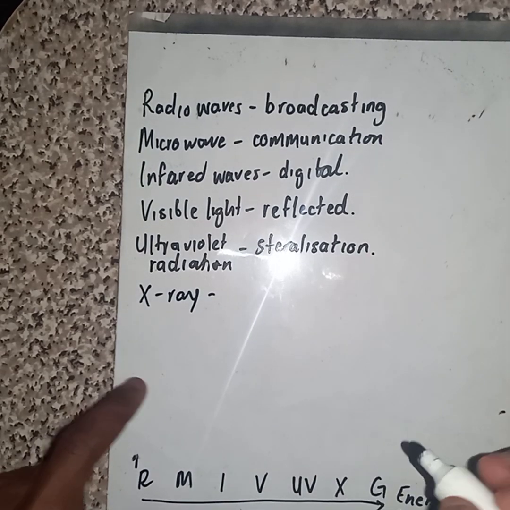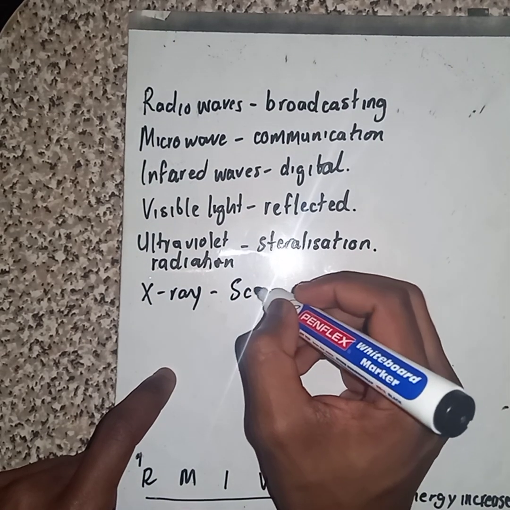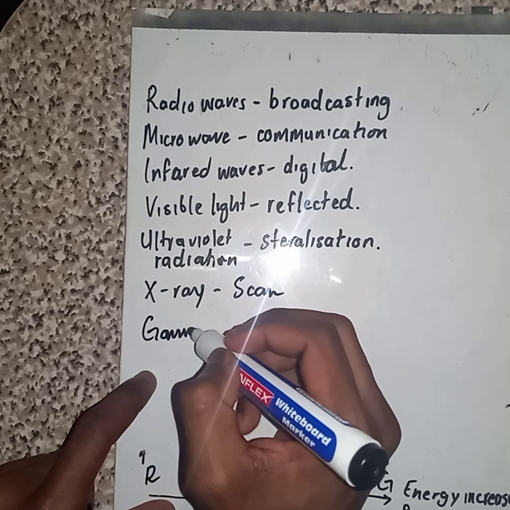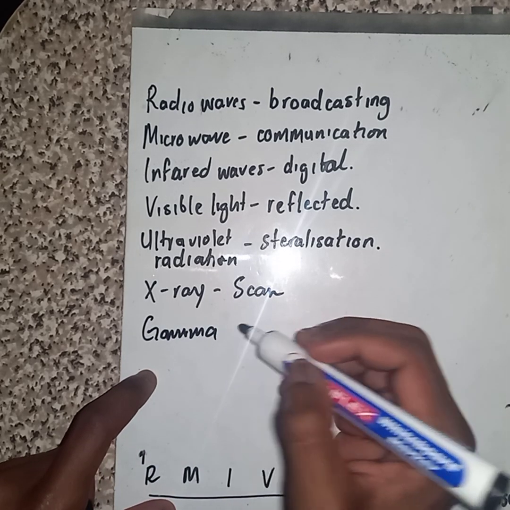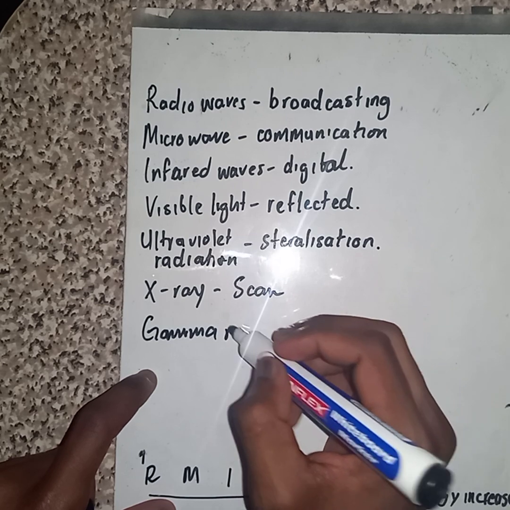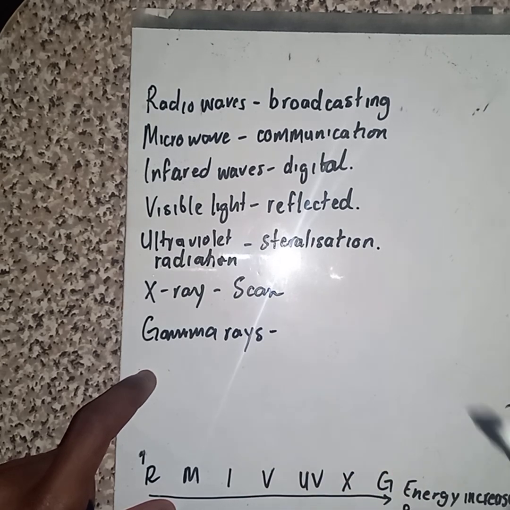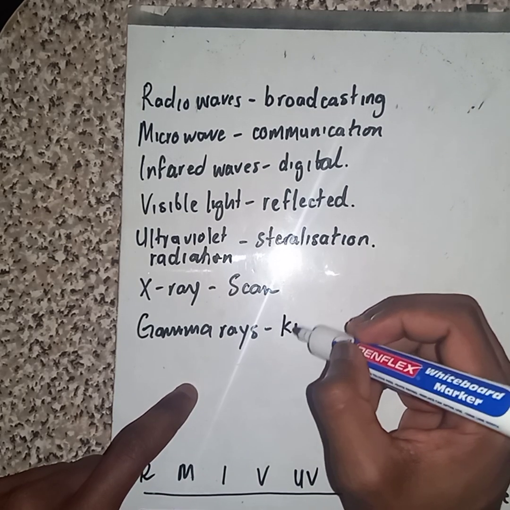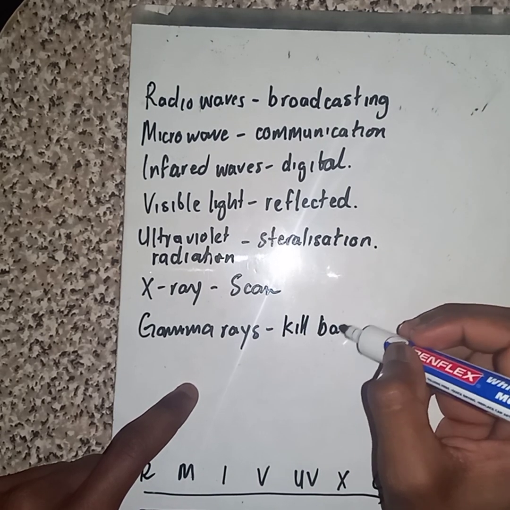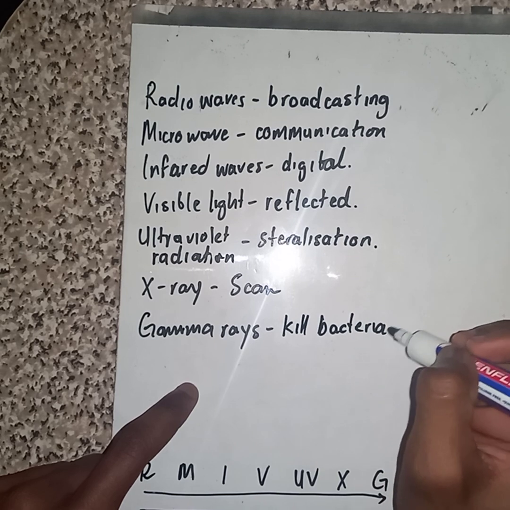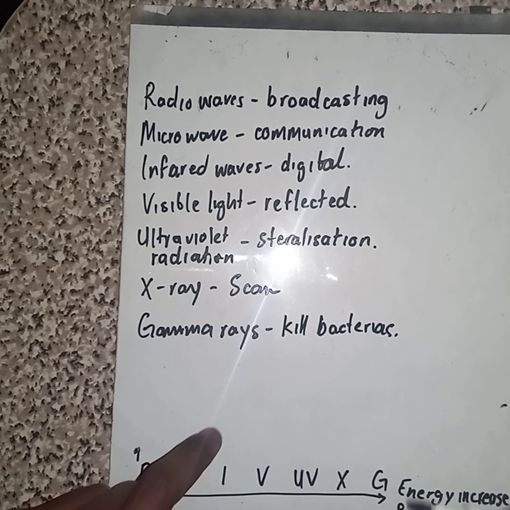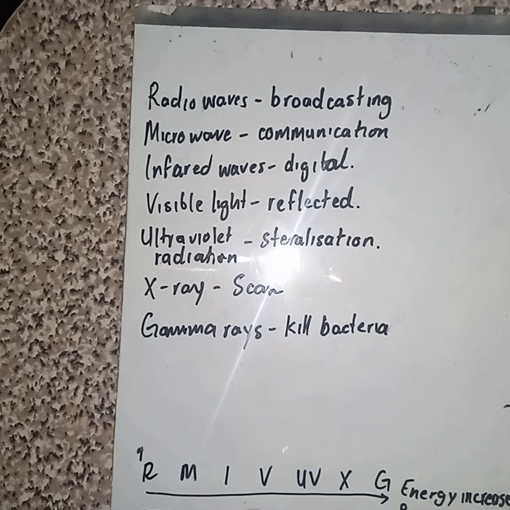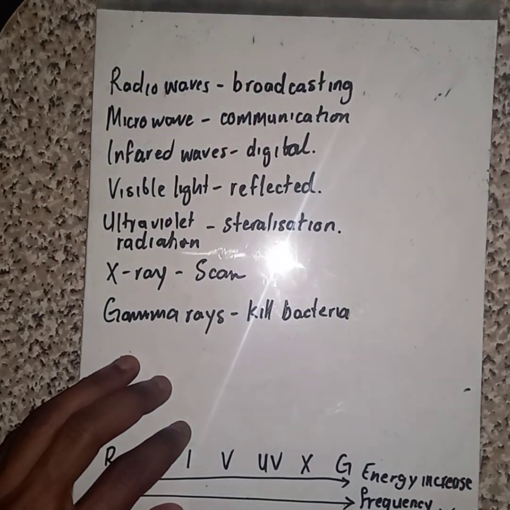They are used for what? To scan. Lastly, gamma rays. Those are used for what? They kill bacteria.